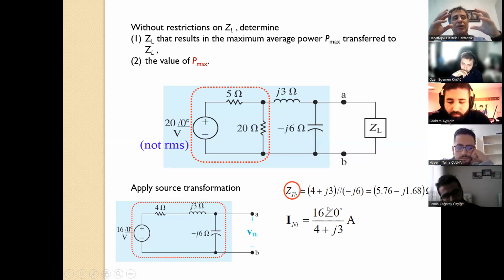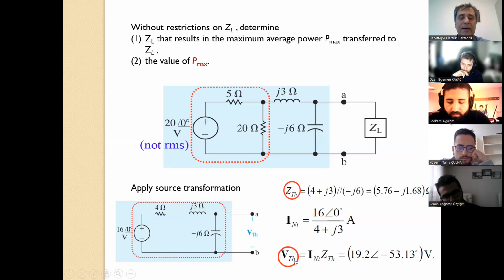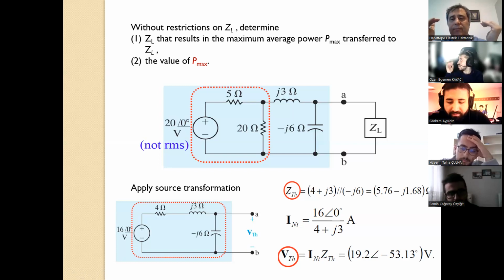We use the relation between the Norton and Thevenin equivalents: the Thevenin voltage is the short circuit Norton current multiplied by the Thevenin impedance, which we have already found. So this is going to be the Thevenin voltage. Good, both of them have been calculated easily. We can continue now.